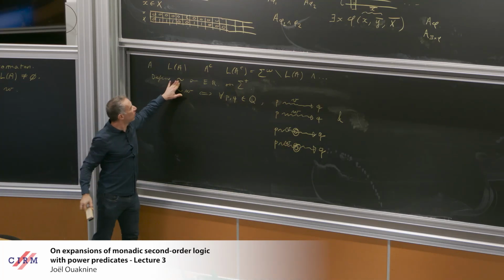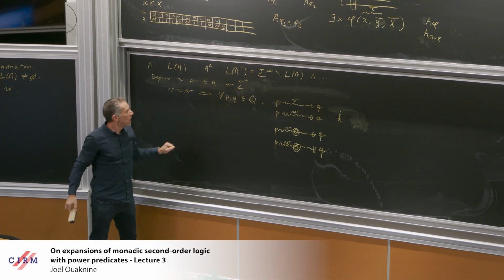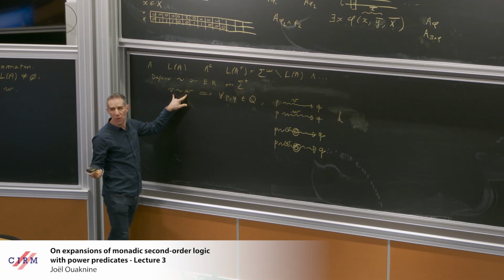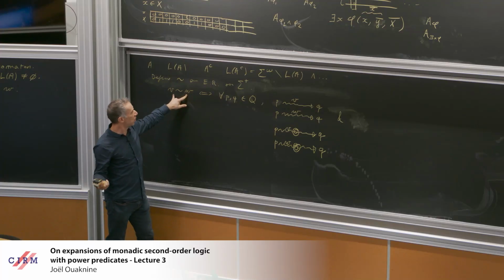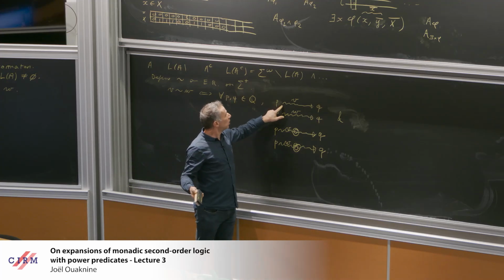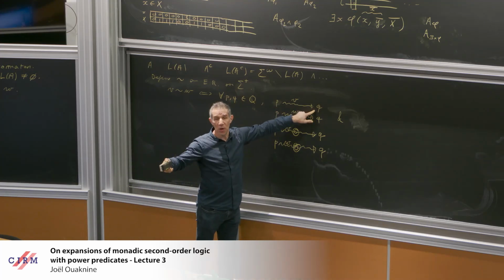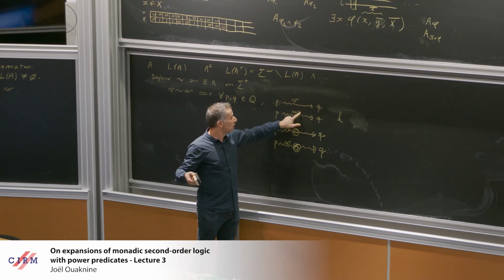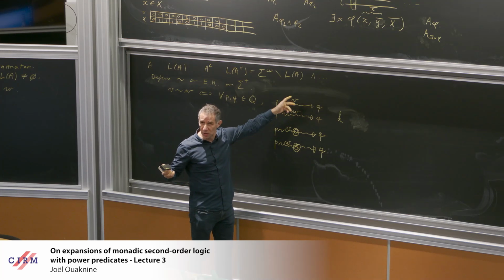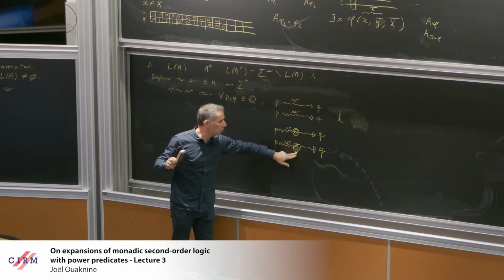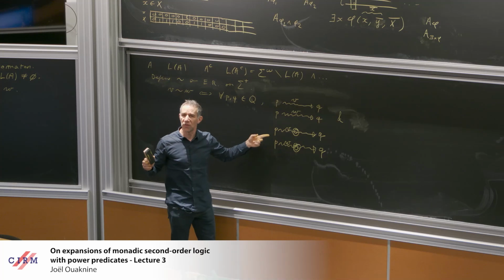I'm defining an equivalence relation on finite words. What does it mean that two words V and W are equivalent? I require that for every states P and Q, if you can go from P to Q in the automaton by reading the word V, then you should be able to go from P to Q by reading the word W, and conversely. And moreover, if you can do so whilst visiting an accepting state, you should also be able to do so by visiting an accepting state, and conversely.